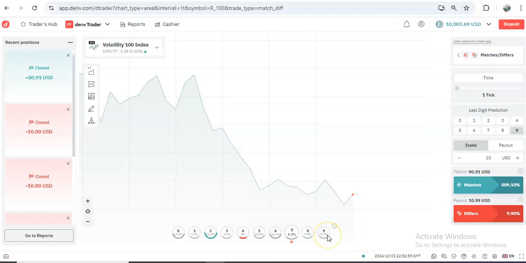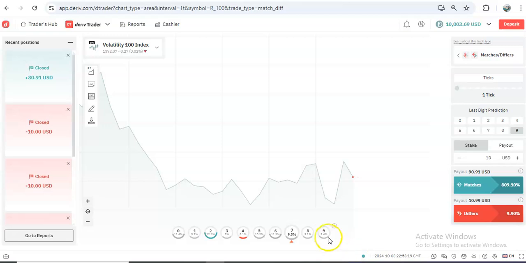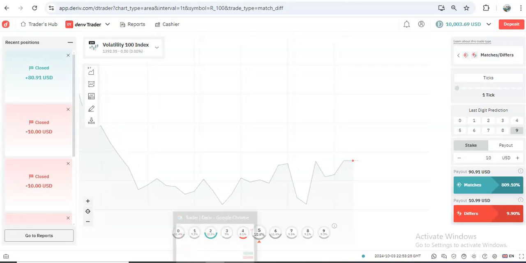If you want to match digit 9, 1 has to be more than 11.4%. So you have to wait for the tick to go from 1 to 9, or 9 to 1, and after it touches 0, you run matches.